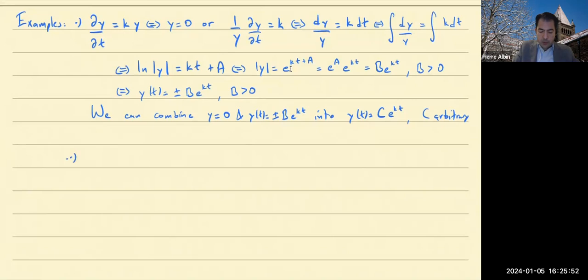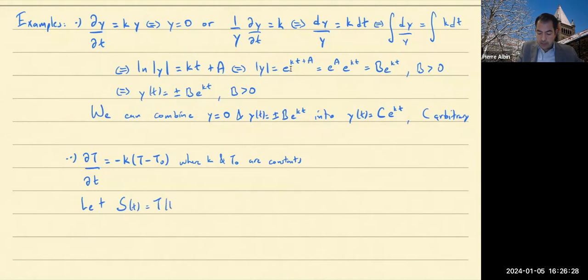Okay, another equation we ran into last time, when we were considering Newton's law of cooling. So the derivative of the temperature with respect to t was given by minus k times (T minus T naught). So here, k and T naught are constants. Okay, so we can reduce this to the previous case. Let's let S be the function capital T minus capital T naught.